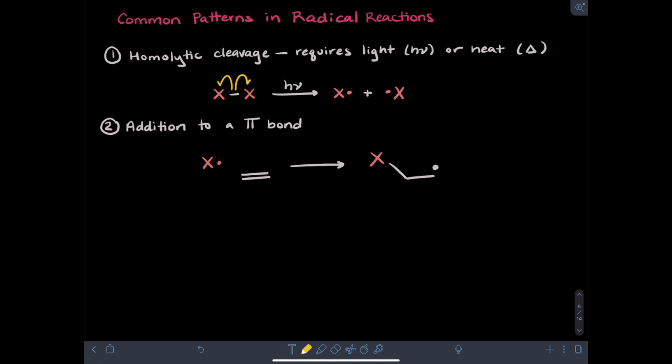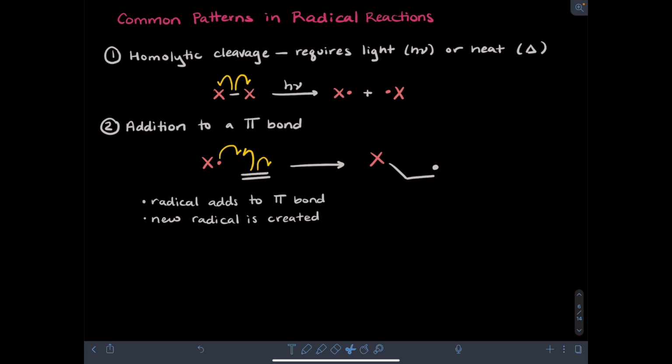I use 1 fishhook arrow from X going to a point in space, 1 fishhook arrow from the pi bond going to the same point in space, and a 3rd curved arrow from the pi bond going toward the end carbon of the alkene. These 2 fishhook arrows meeting together shows the formation of the new sigma bond between carbon and X, and the 3rd fishhook arrow shows the formation of the new carbon radical.